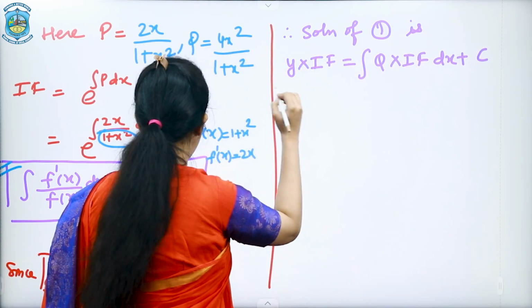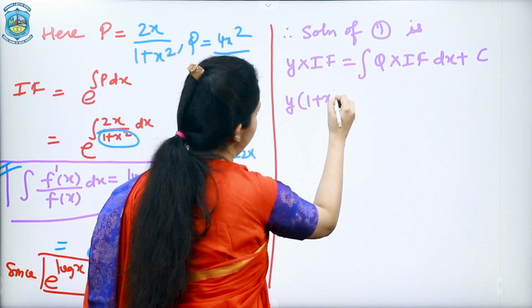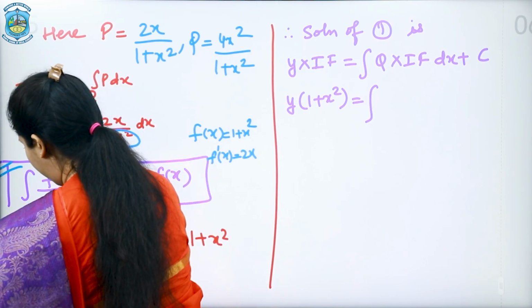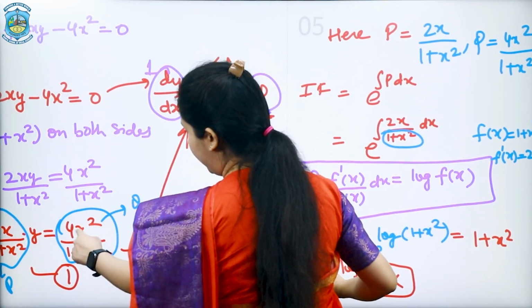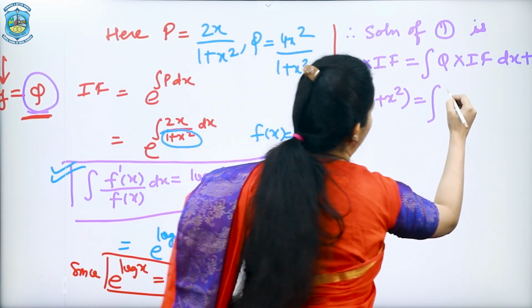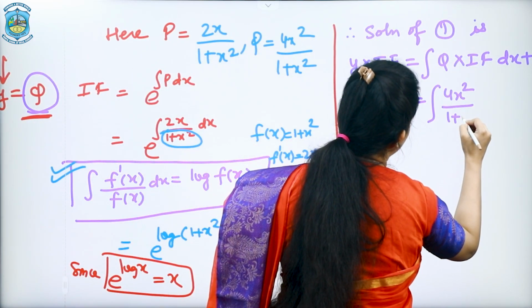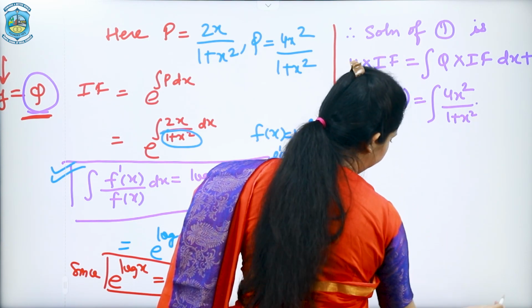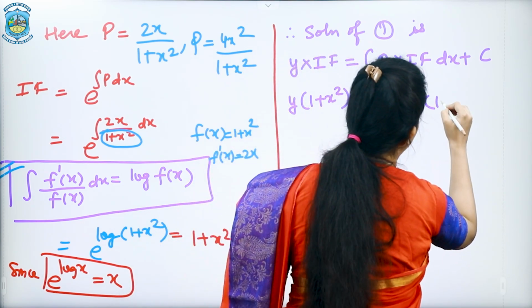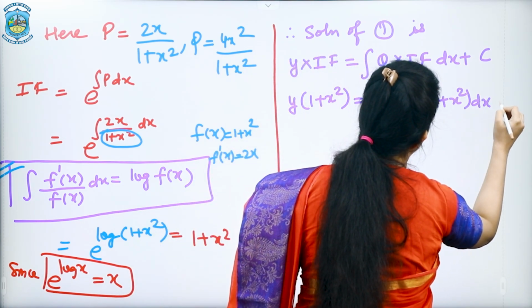Substitute the value of integrating factor, that is 1 plus x square, and the value of q was 4x square divided by 1 plus x square, multiplied by integrating factor, 1 plus x square again, dx plus c.